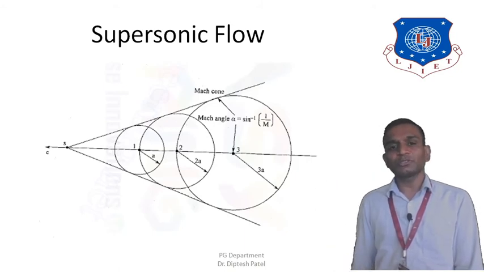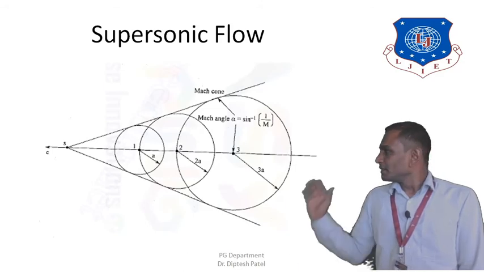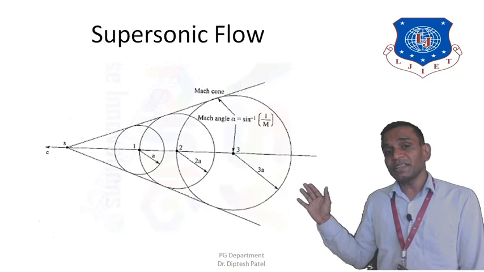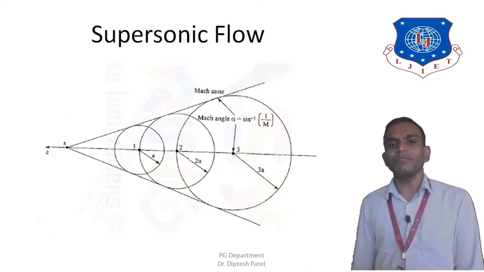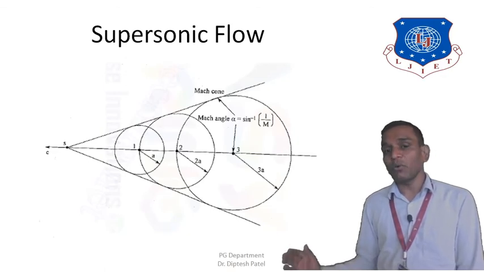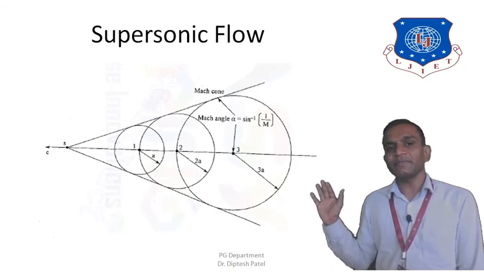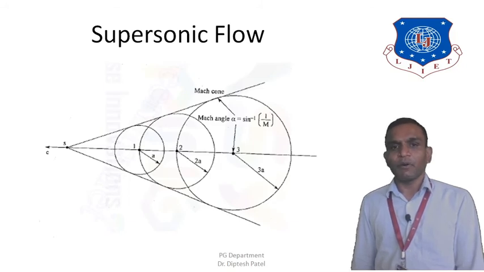These waves also look spherical in form, and supersonic flow is also divided into two different zones: zone of silence and zone of action. So the Mach cone is used to separate the two zones. The Mach cone is actually a tangent line from the source of disturbance to the surface of the spherical waves.